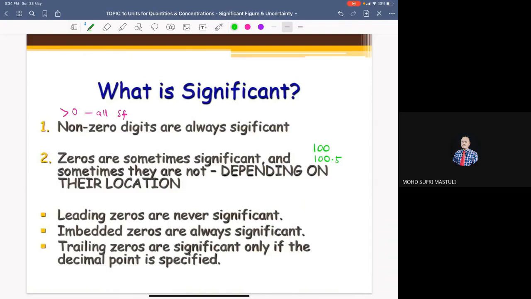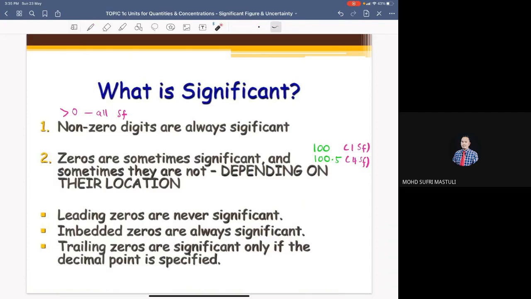So the zeros in 100 are not significant. This is why 100 has only one significant number. But the zero in the decimal number 100.5 is significant. So this has four significant numbers. With zero, you have to be very careful.